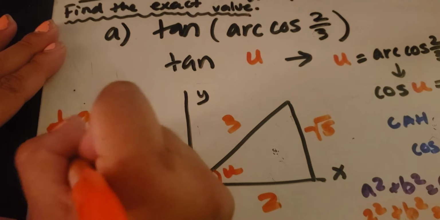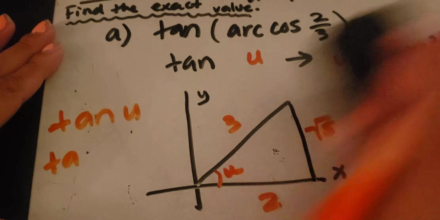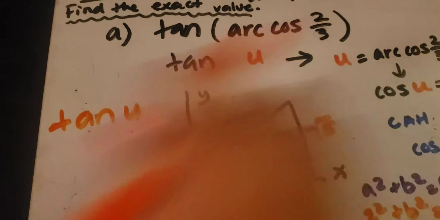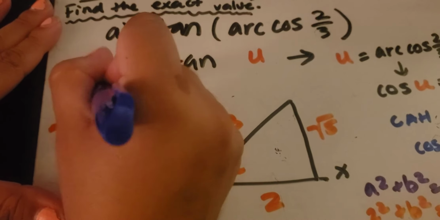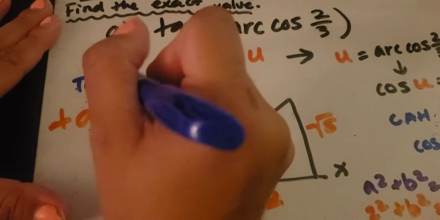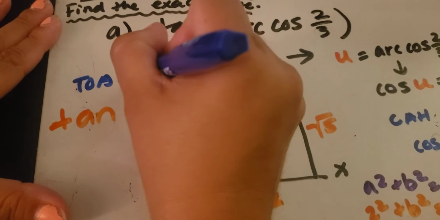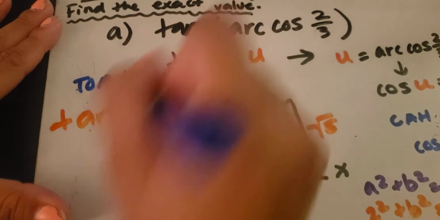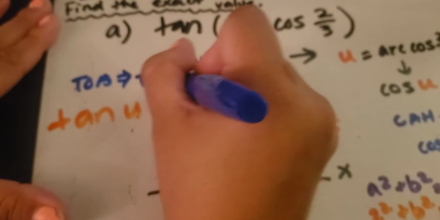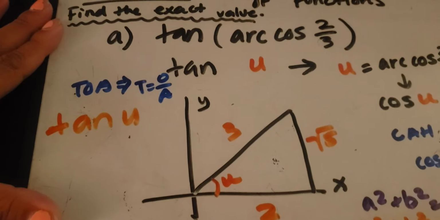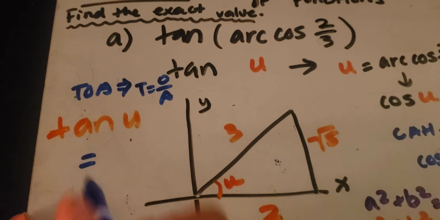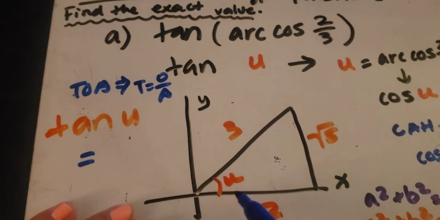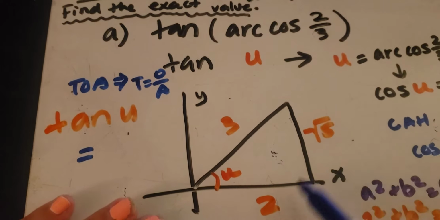Maybe I should write it above. Tangent is TOA, or tangent equals opposite over adjacent. So tangent of u is, we're going to go over here, opposite over adjacent.